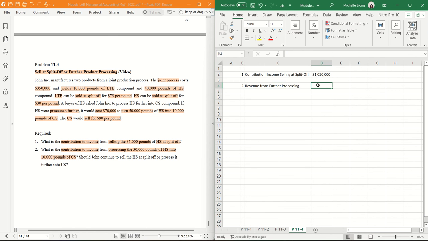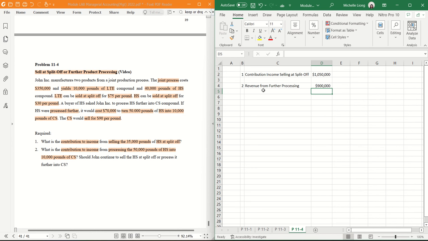If they are processed further, it will cost $70,000 to turn the HS into CS, and the CS would sell for $90 per pound. So $90 per pound times the CS, which is 10,000 pounds. This is the amount of revenue that we can get.